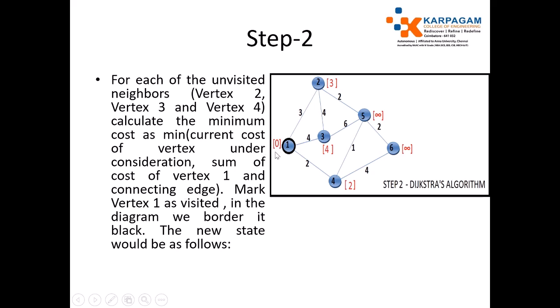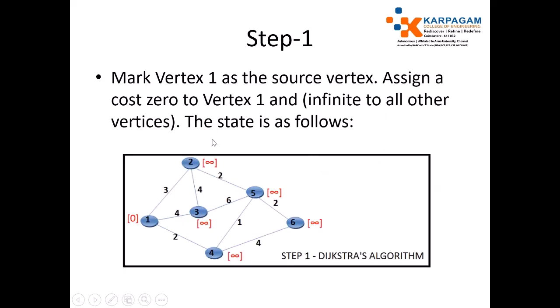In the diagram, the new state will be looking like this. Initially, before exploring, it has infinity only. Now we have marked number 1 as visited, so the edges which are connected are updated.